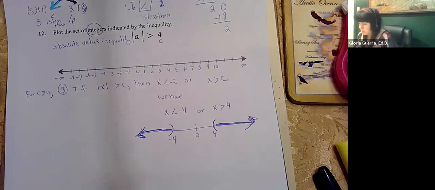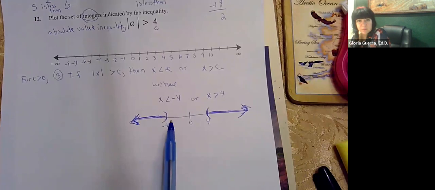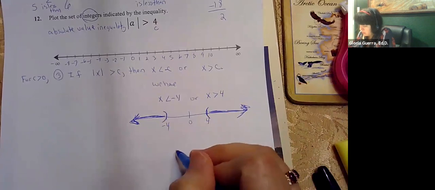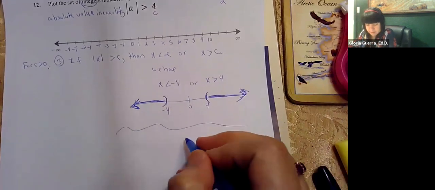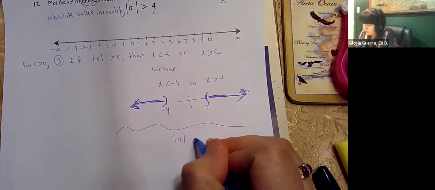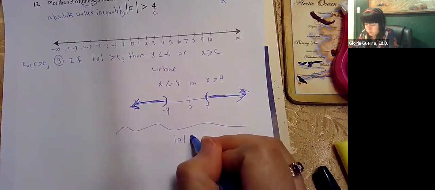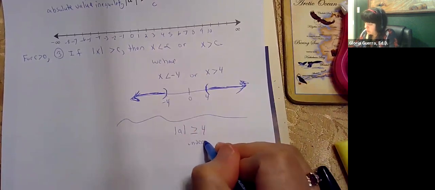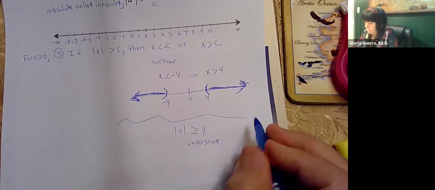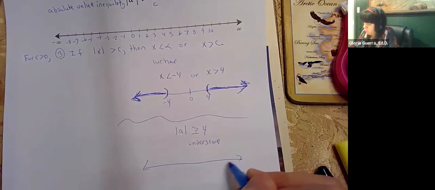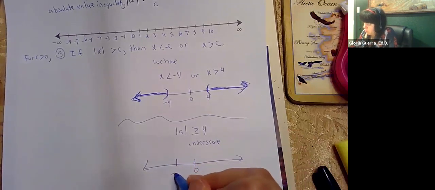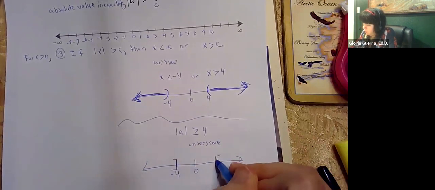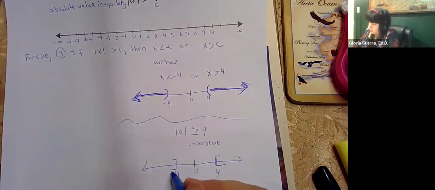And if you're wondering why parentheses and not brackets: if I had brackets, then we would have had something like absolute value A is greater than or equal to 4. You would have had this underscore, and I would have a bracket on that, with everything shaded this way.